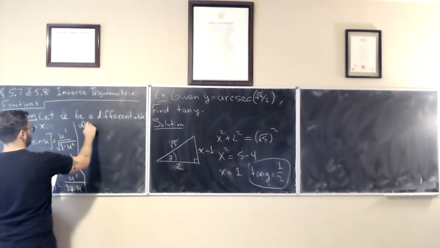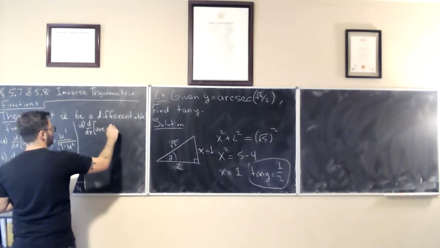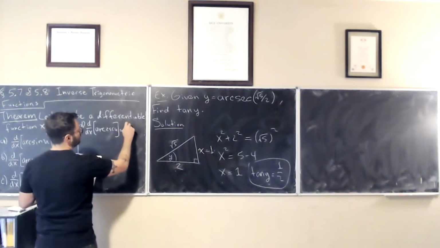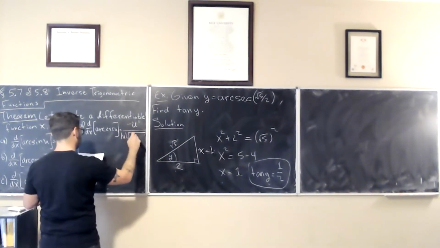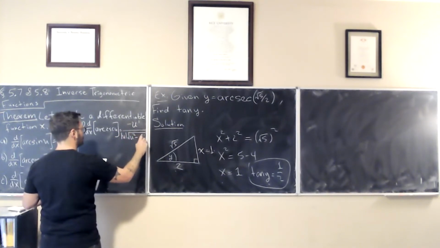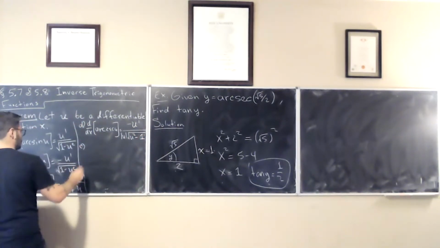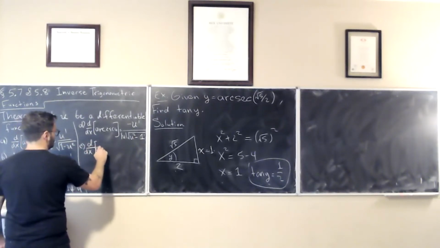Part D, derivative of arc cosecant u. It's barely going to fit. Negative u prime over absolute value of u times the square root of u squared minus 1. And then part E, let me just write these down, arc secant u.